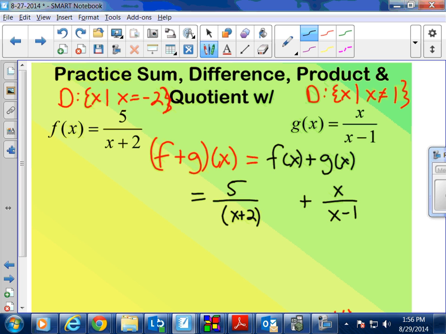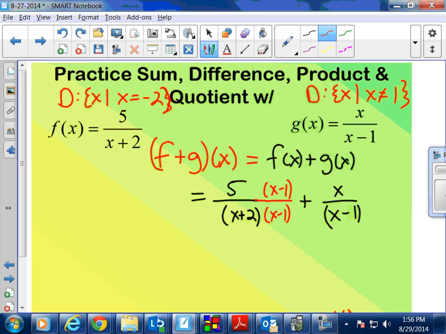Now, if we have two fractions, in order for us to add them, we must have the same denominator. So to acquire the same denominator, I'm going to use some manipulation to make that happen. On this side, I'm going to multiply top and bottom of this fraction by x minus 1.